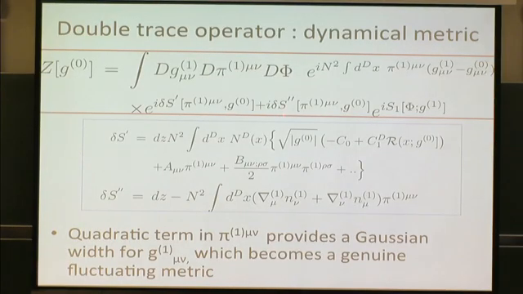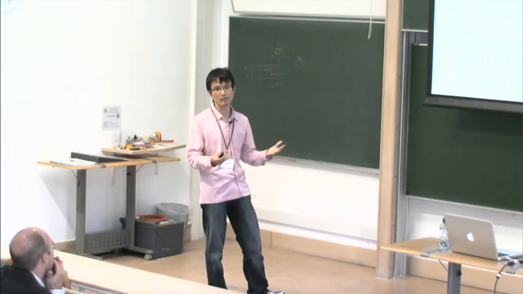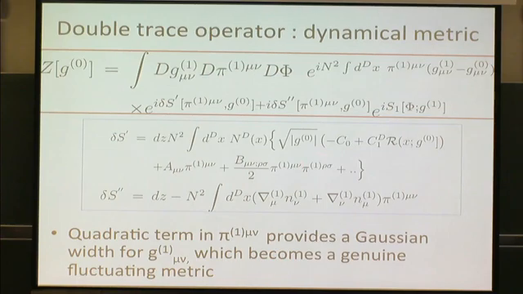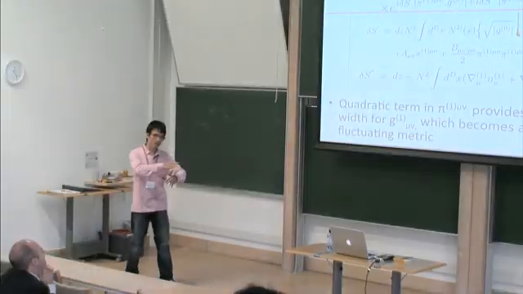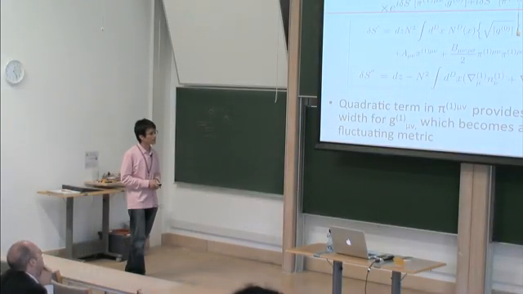In particular, the beta function for the double trace operator gives a quadratic action for pi. Therefore, pi is not a Lagrange multiplier. If you integrate out pi, for example, you will get some Gaussian distribution for G1, so you have to sum over some configurations of the fluctuating metric.